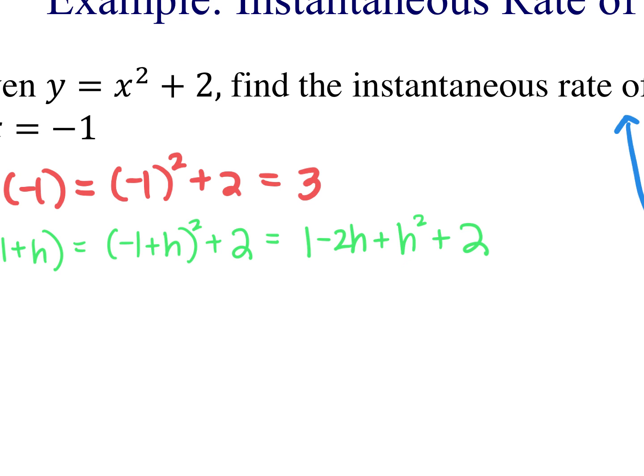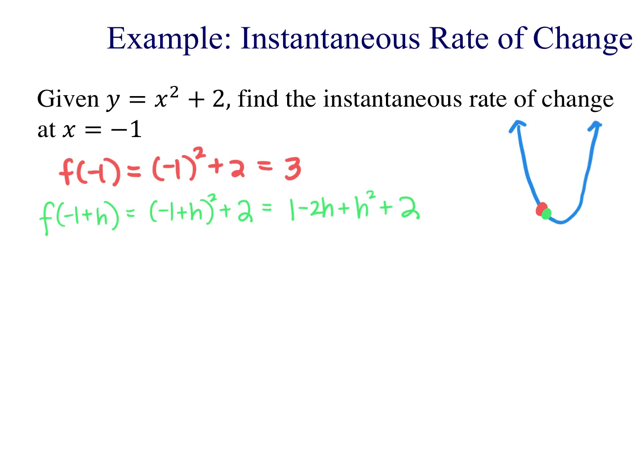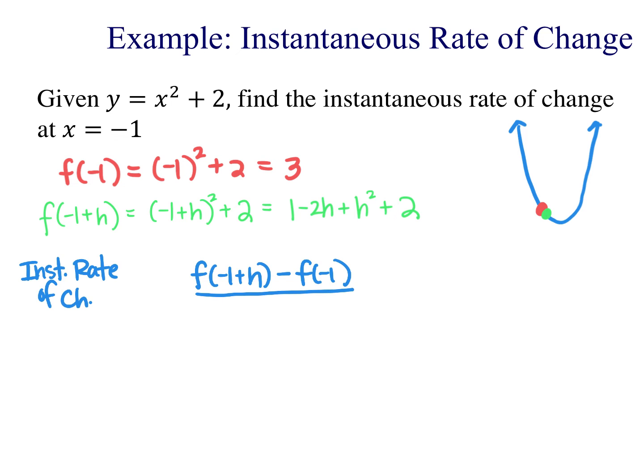So now if I'm going to find the instantaneous rate of change, I am going to find f of negative 1 plus h minus f of negative 1, over negative 1 plus h minus negative 1. And I'm going to do the limit as h approaches 0.